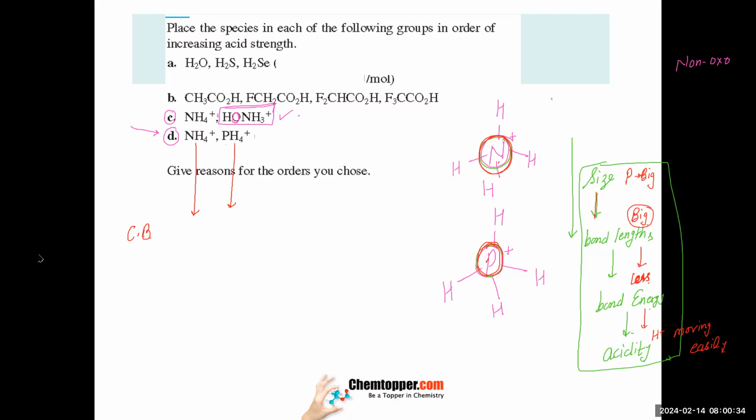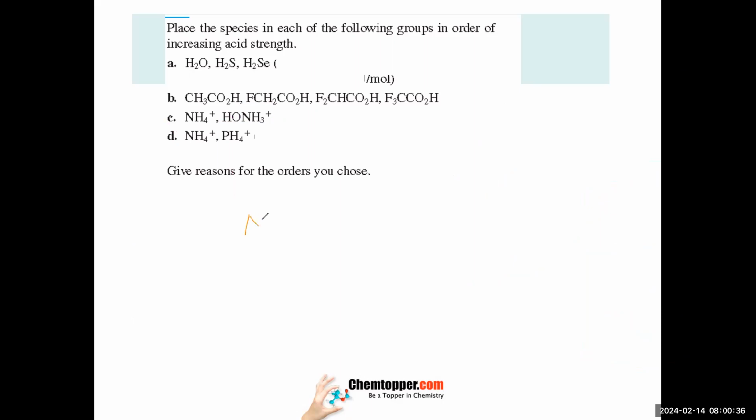I'm writing again. So you said ammonium is a weaker acid than phosphonium. That's the conclusion we made for the D part. Now I started asking you to write the conjugate base. The ammonium conjugate base is: remove H plus, Afan, subtract H plus.